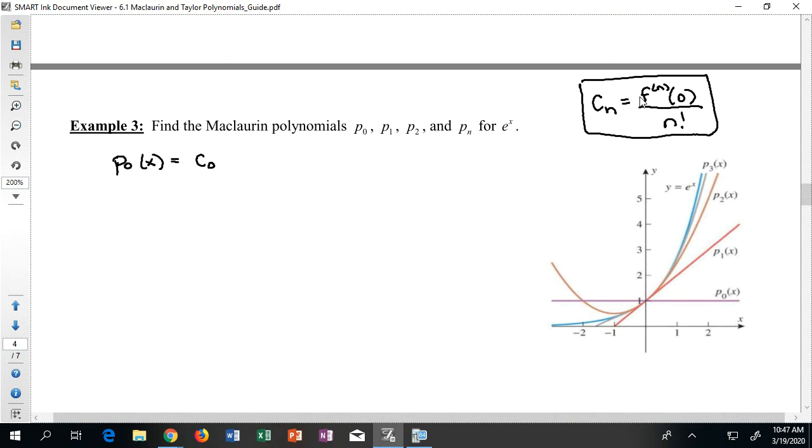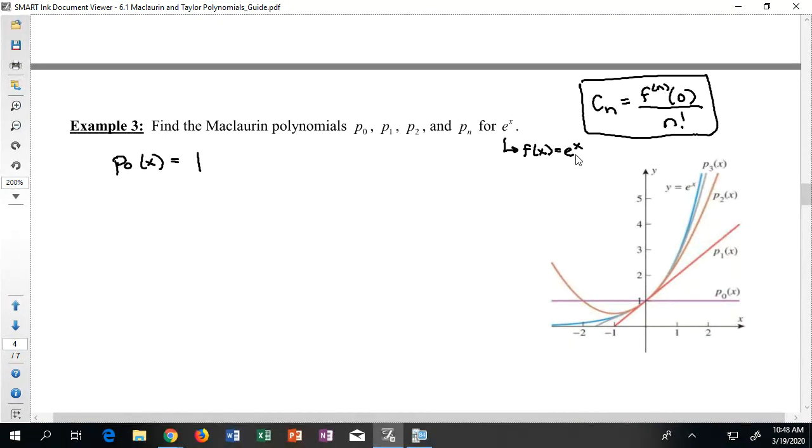It would say take 0 derivatives of the function f. Well, if my function f is right here, f of x is e to the x, then taking no derivatives of it is just e to the x. When I plug in 0, I get back 1. And then I divide that by 0 factorial, which in the last video we said would be the value 1. So my first polynomial here is just 1.